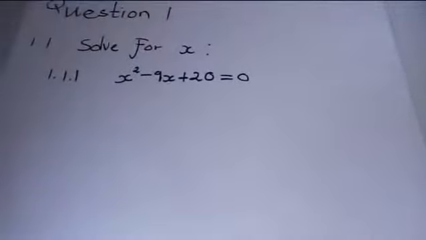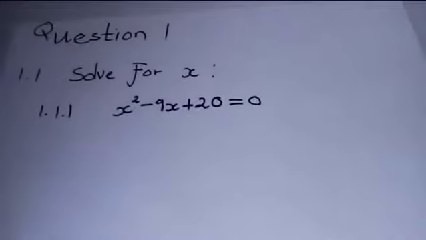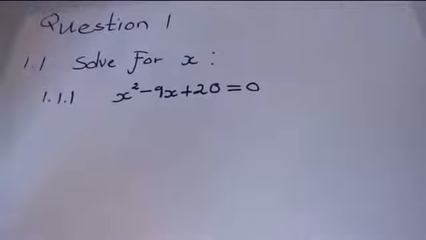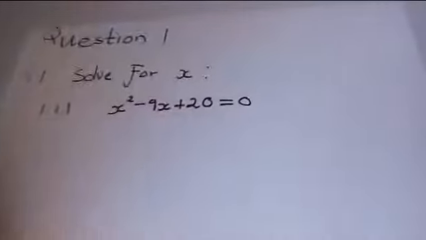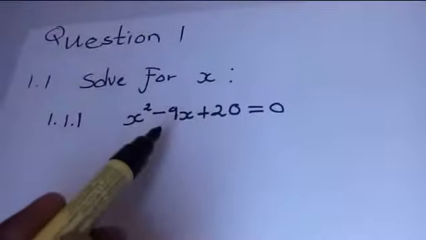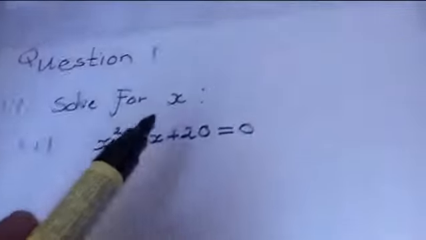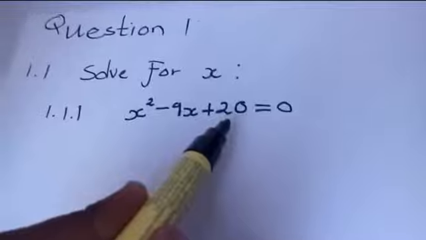Here is our first question. To solve it, you need to look for two numbers which, when you add, give you -9, and when you multiply, give you +20.